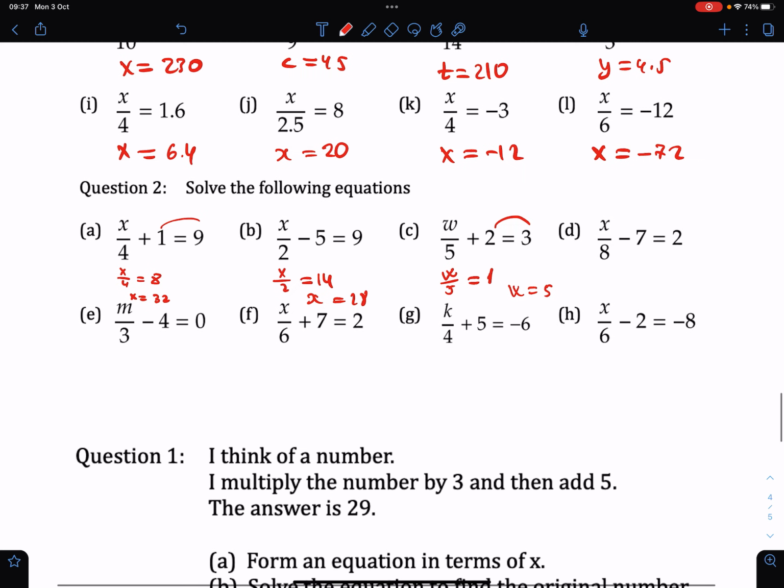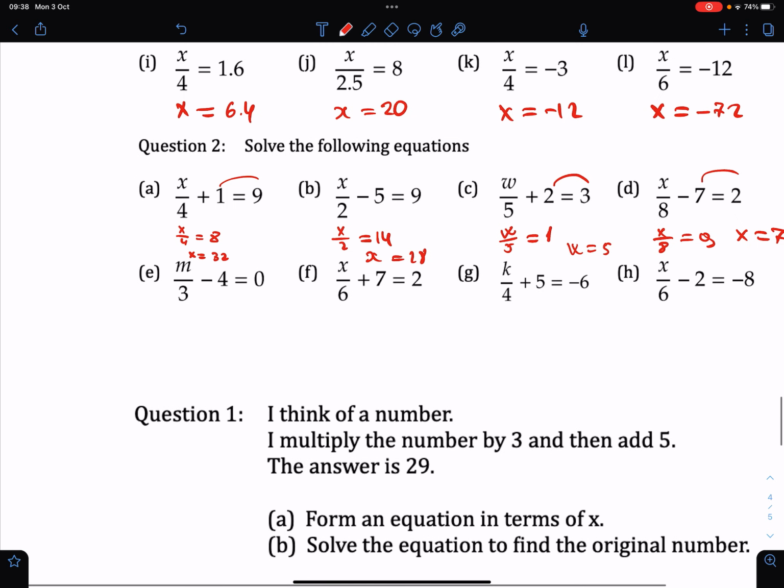So, Haya, move it to the other side, 9, then x equals 72. Adam, m over 3 equals 4, m equals 12.